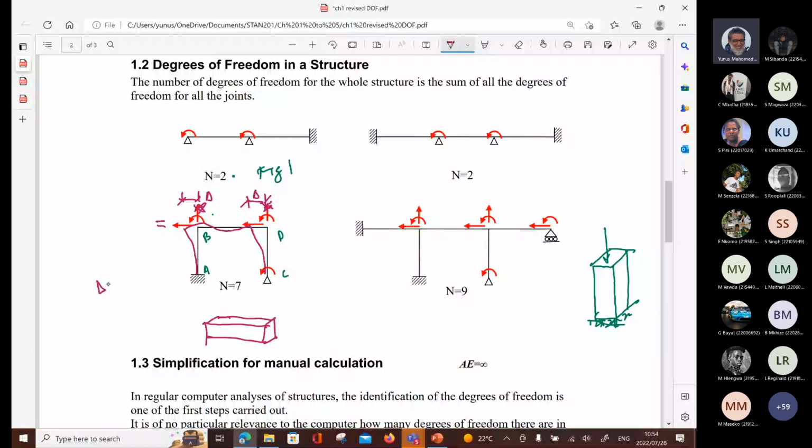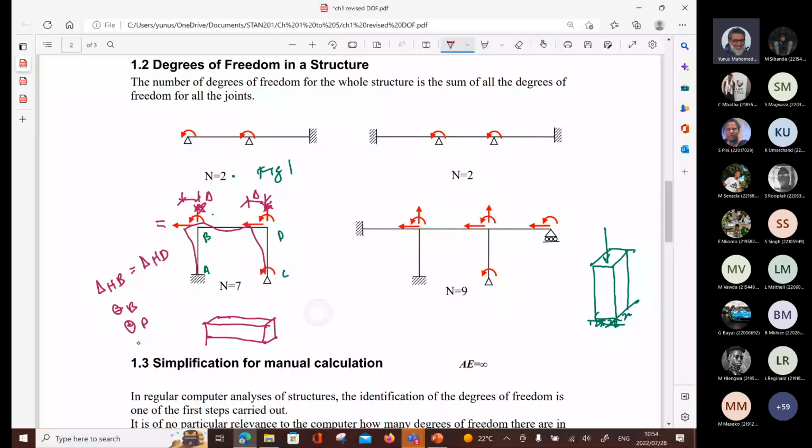So using that, I can say, now hang on, that means rotation at B, I've got rotation at D, and then I've got rotation at C. Okay, so I've got 3 rotations, but instead of 2 displacements, I can call them 1 because they are equal.